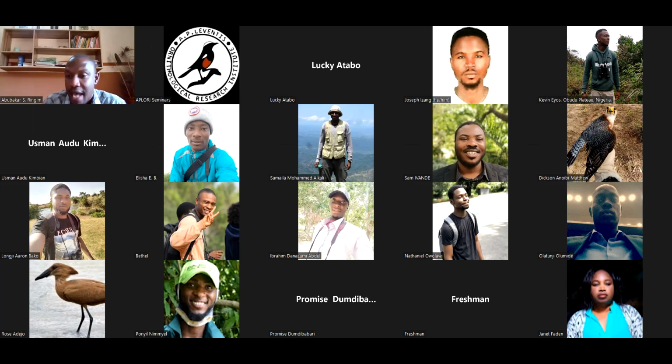So whenever one of them is in the field, if you submit a record, you will have a delay in identification. But as soon as they are available, you will see most of your records identified. The good thing is that sooner or later, the records will be identified and they count towards biodiversity conservation.